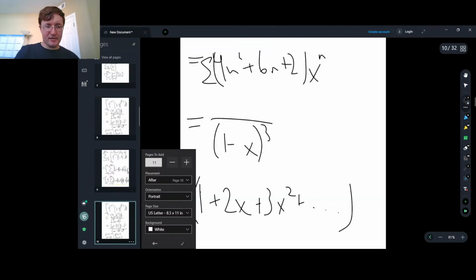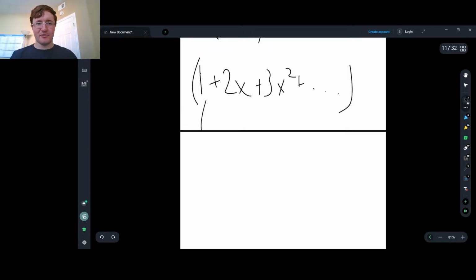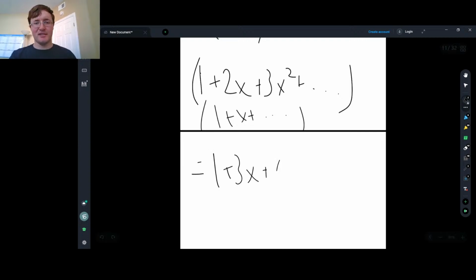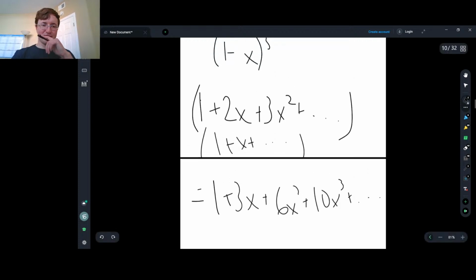Okay, now I multiply that by 1 plus x plus and so on. Oh yeah, so it'll be 1 plus 3x plus 6x squared plus 10x cubed. It'll be n choose 2 for the coefficients.